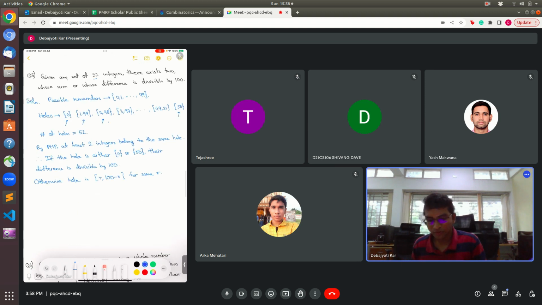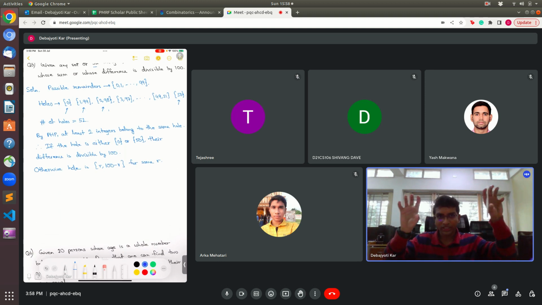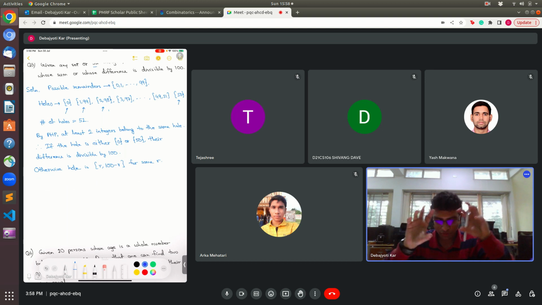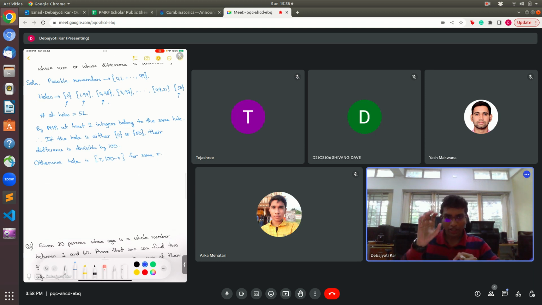Otherwise the hole is of the form r comma 100 minus r for some integer r. Which means that both these numbers, when divided by 100, have a remainder that lies in this set. It's either r or it is 100 minus r. Now if both the remainders are r, or if both the remainders are 100 minus r, then again we do the same thing, that is their difference is divisible by 100.